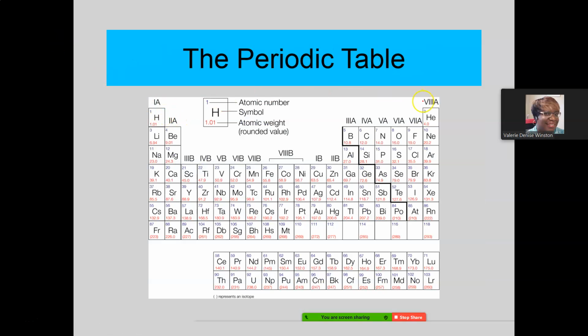There's 1S, 1 and 2, 2S, 1 and 2, 2P, 1, 2, 3, 4, 5, 6, 3S, 1 and 2, 3P, 1, 2, 3, 4, 5, 6, 4S, 2, and then 3D, 10, then 4P, 1 through 6, then 5S, 1 and 2, 4D, 10. Okay, up to here, and then 5P, 6.